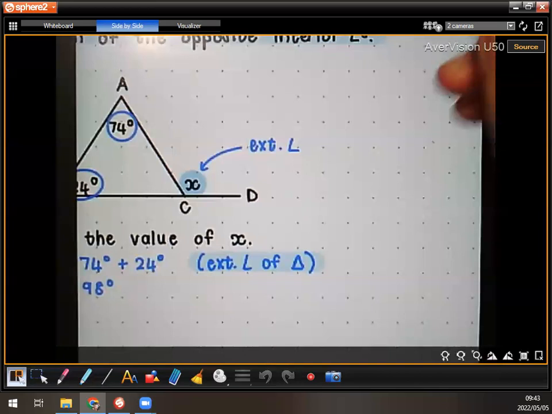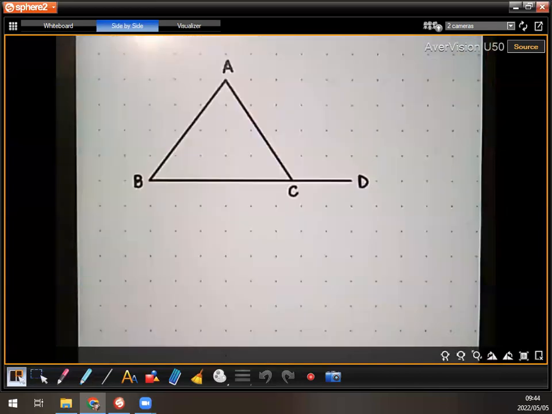I want you to redraw that same diagram. We're going to put different values in. Okay, but you're again going to draw A, B, C, D, please. The exact same type of triangle. It can look exactly the same. I'm going to put different values in.